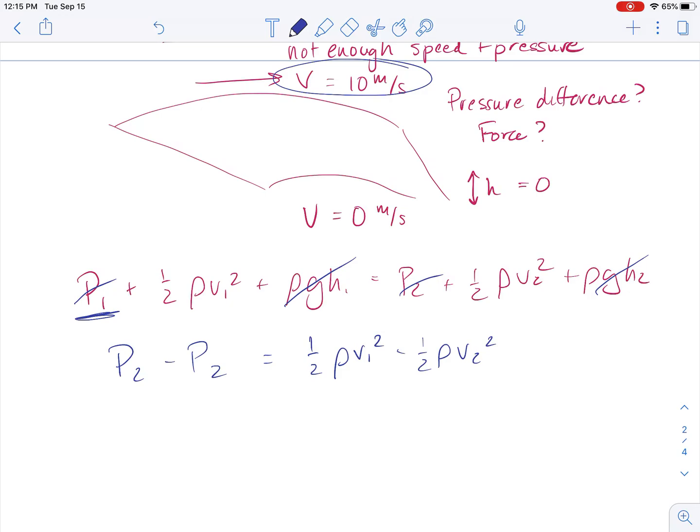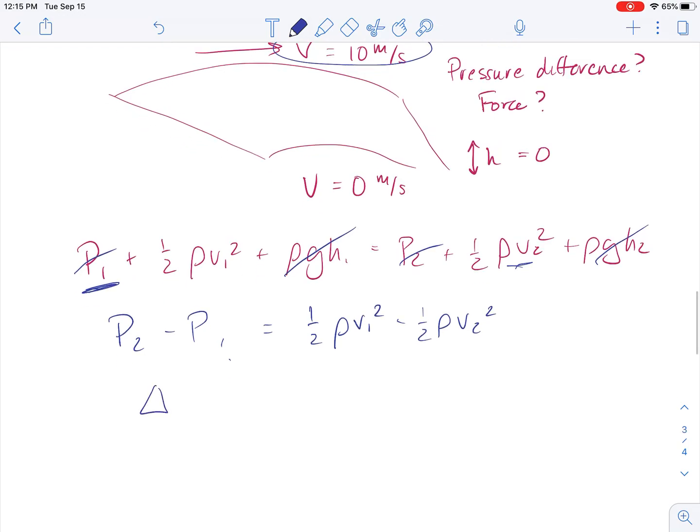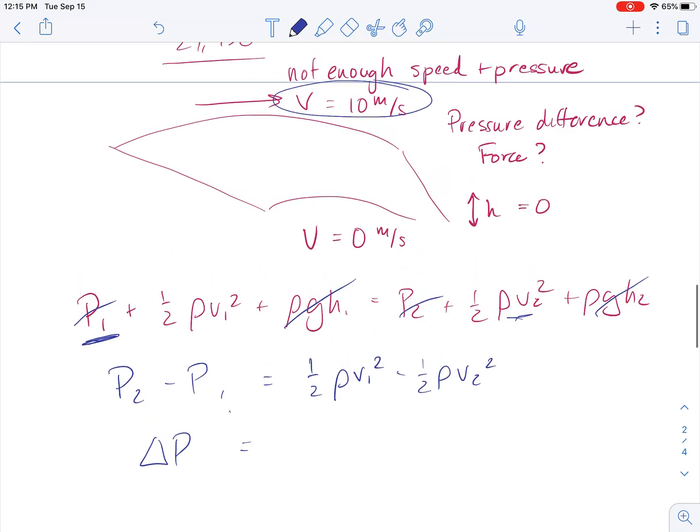I had to subtract P1 from both sides, and then to solve for that, I had to subtract the term with V2 from both sides. So notice that the 2 and 1 are reversed when I do that. Okay, so I'm going to get the change in pressure due to this pressure difference. And we're going to say this is V1 and this is V2.